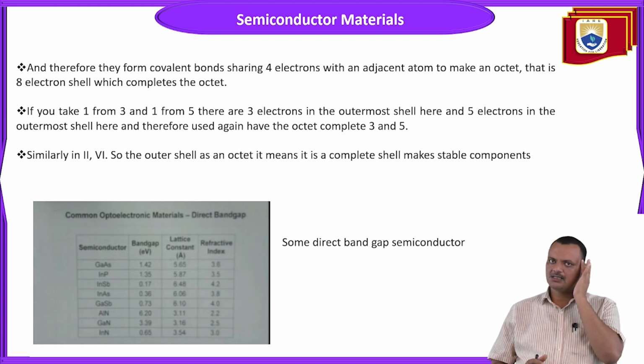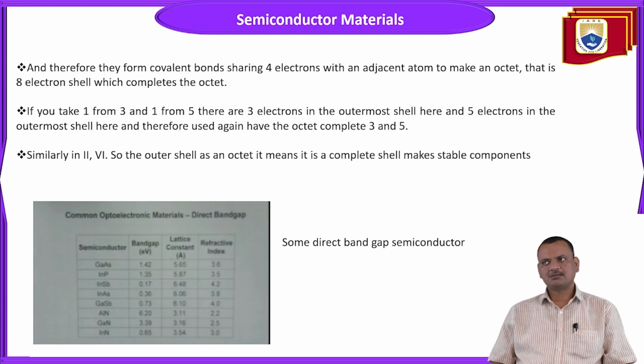Generally, semiconductors have a band gap from 0.3 or 0.4 up to 3 electron volts. All these compound semiconductors show band gap values in the semiconductor range. Gallium nitride, around 3.2 or 3, is a high band gap semiconductor.